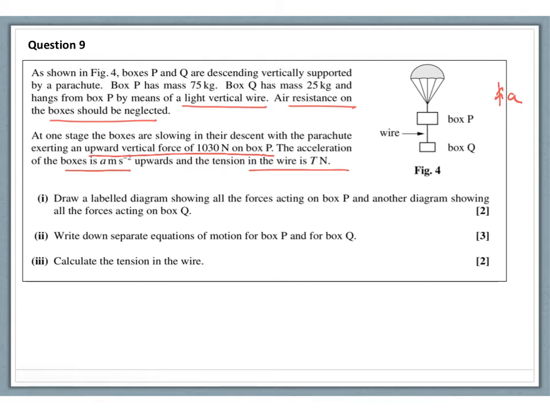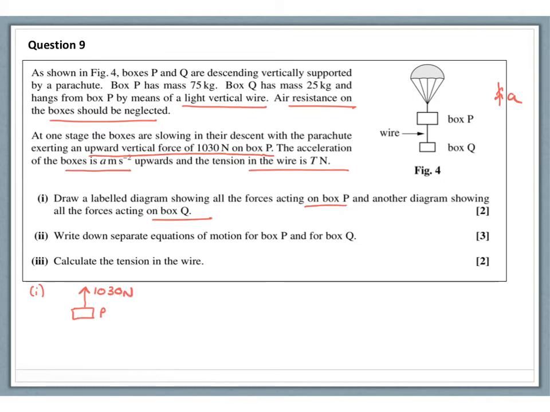So part 1 wants us to draw a labelled diagram showing all the forces acting on P, and then another separate diagram showing the forces acting on Q. So if we start with box P, we know that there will be a vertical upwards force like that due to the parachute, which is 1,030 newtons, like so.